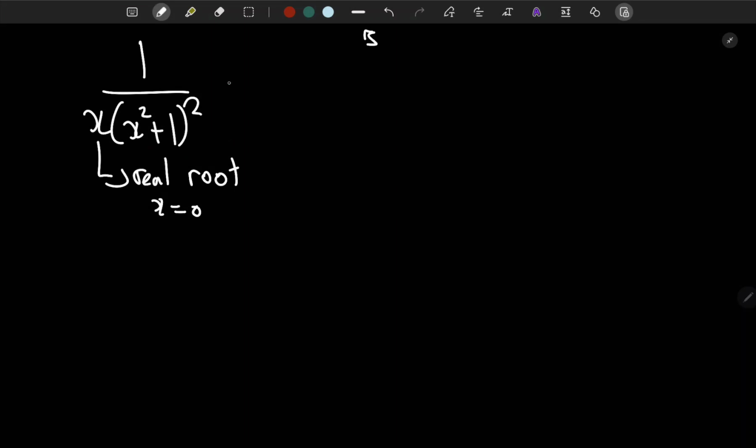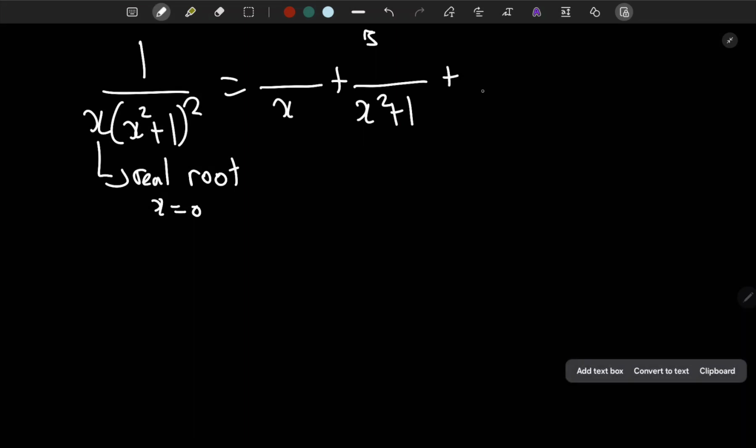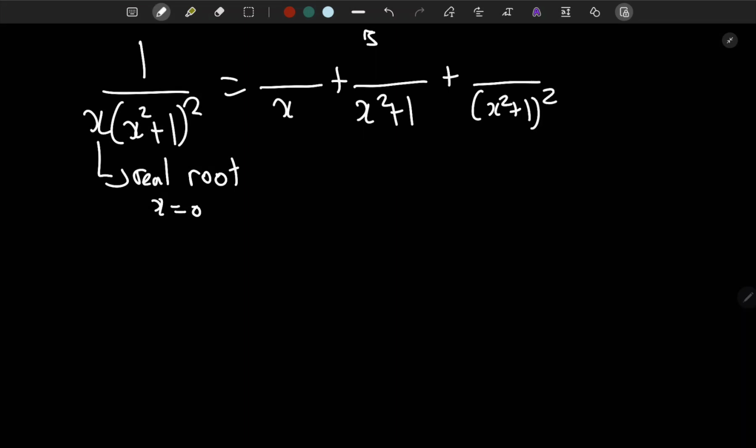So let's write it in that form again. So first one's going to be over x plus, second one's going to be over x squared plus 1, and the last one, let me write it in a better format, x squared plus 1, and the last one is x squared plus 1 squared.